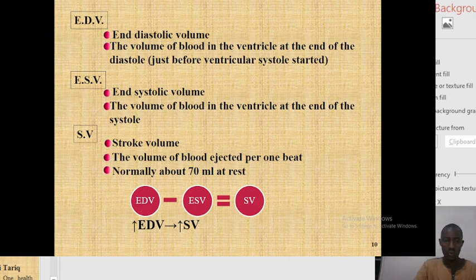When you subtract the blood that was in the ventricle during systole from the blood in the ventricle during diastole, it gives us what we call the stroke volume. And this stroke volume is the amount of blood that will be ejected per one beat. It's always about 70 mL per beat at rest.